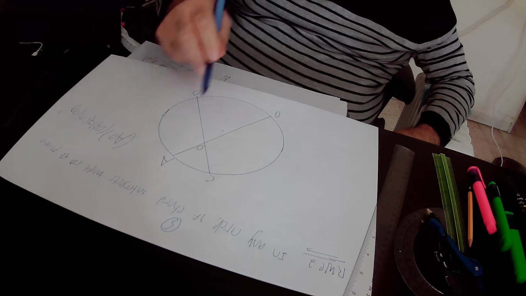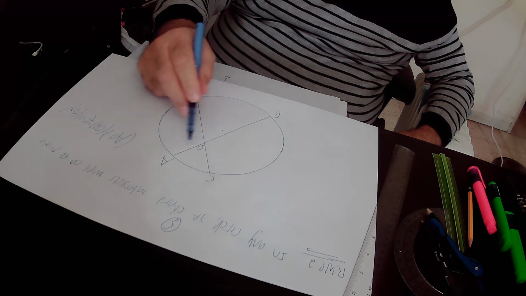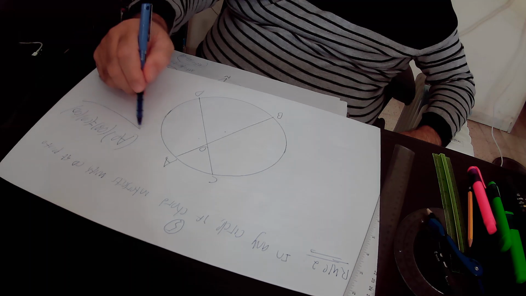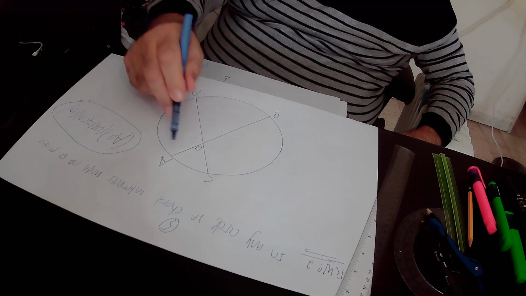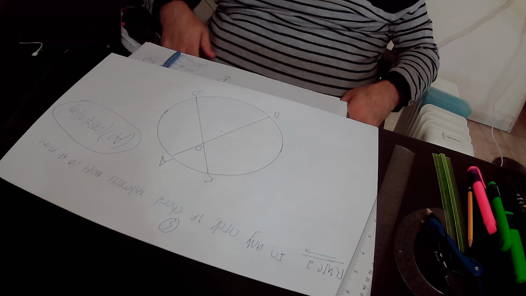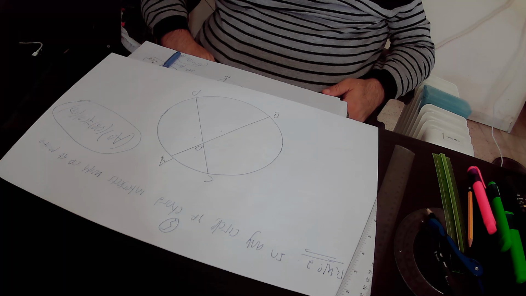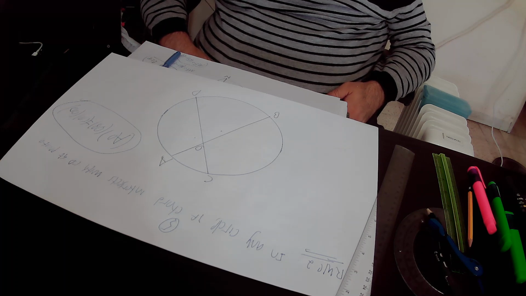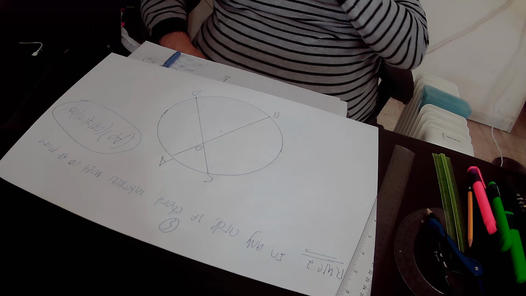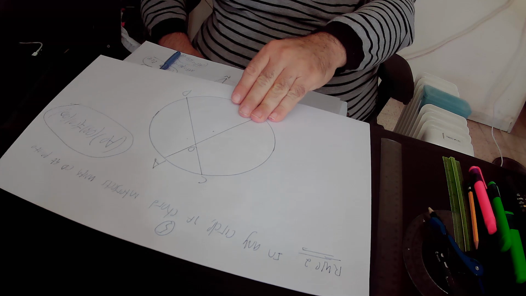I repeat again, if chord AB intersects with chord CD at point O, then AO times OB equals CO times OD. So whenever two chords intersect with each other in a circle, we can implement this rule number 2. So we can implement rule number 2 in our drawing.